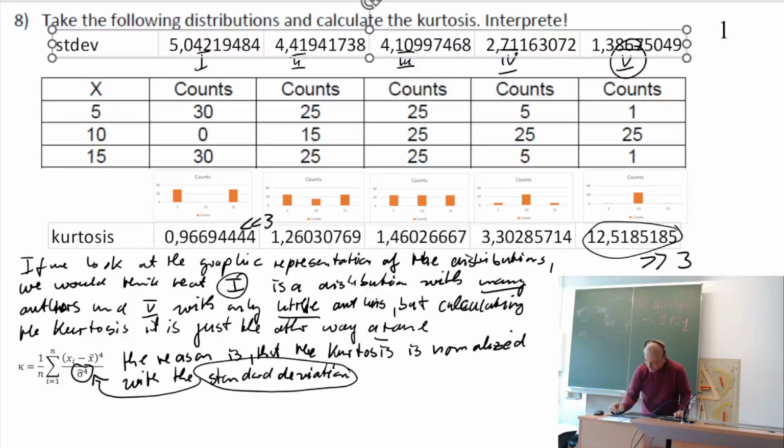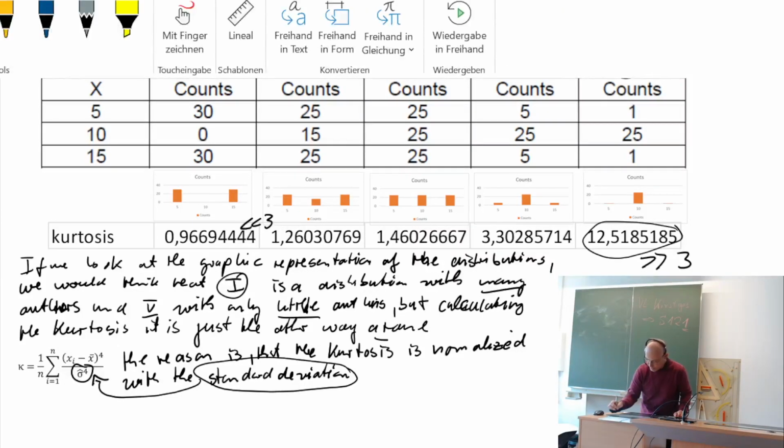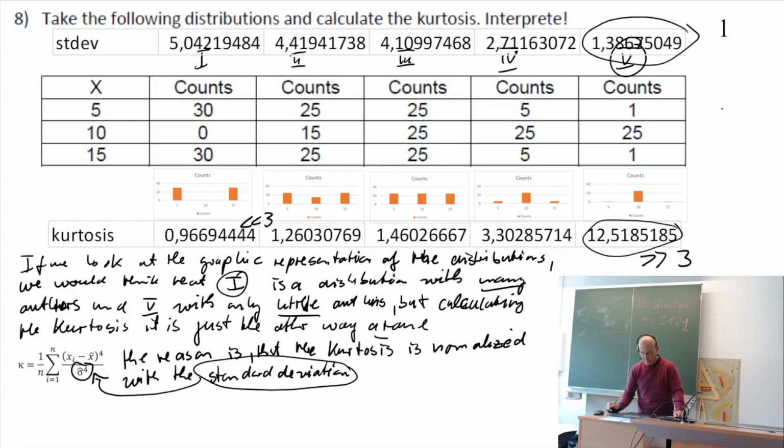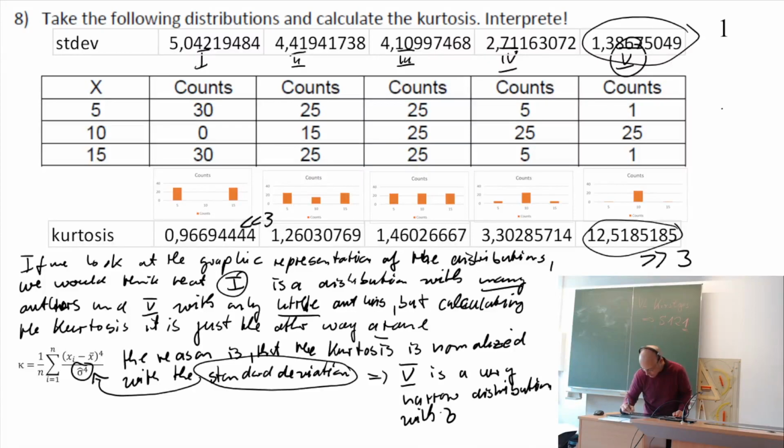Then we see that number 5 is a very narrow distribution with sigma hat equals 1.38.